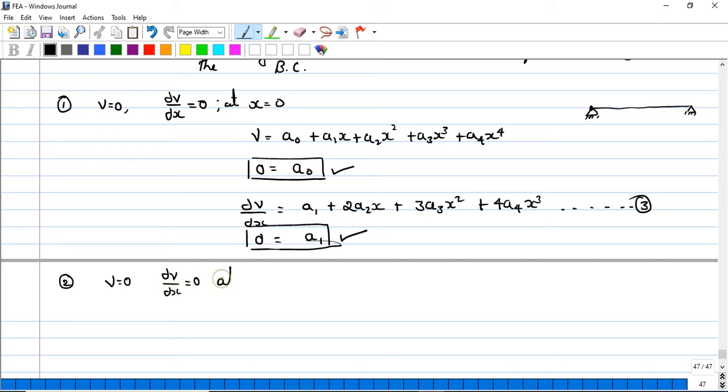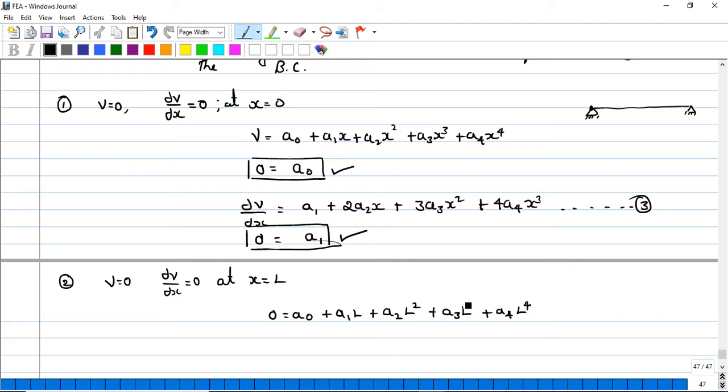Where x is equal to L, these two values will be 0 at x is equal to L. Then what happens? If I consider the equation, v will be 0 and I will represent a0 plus a1 into L plus a2 into L square plus a3 into L cube plus a4 into L raised to 4.